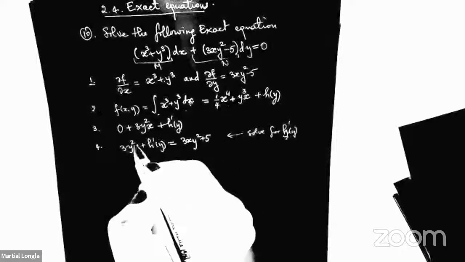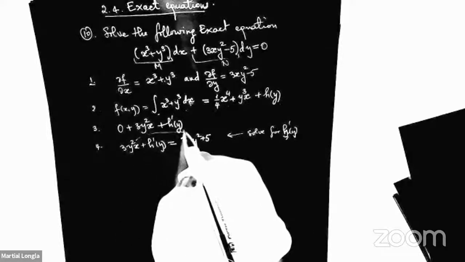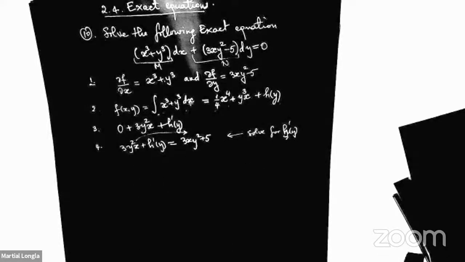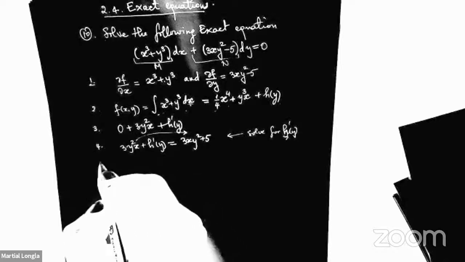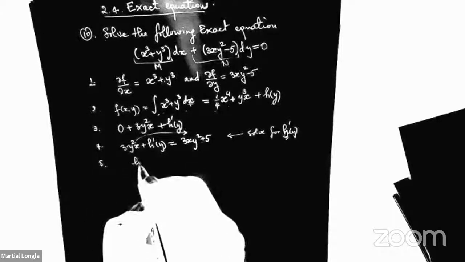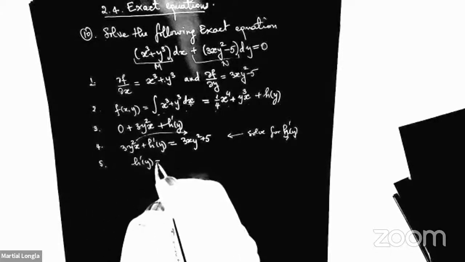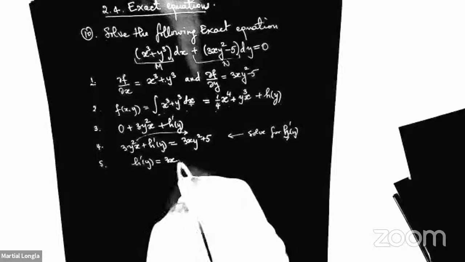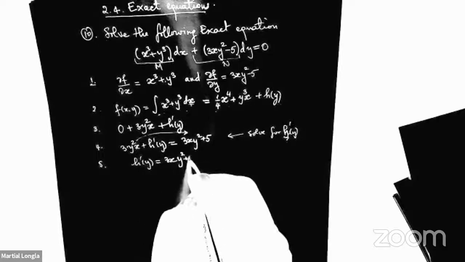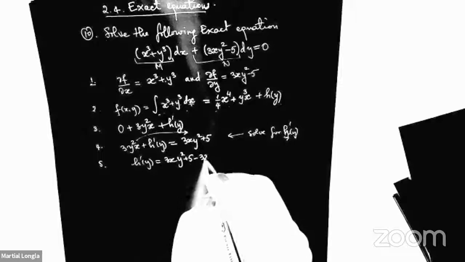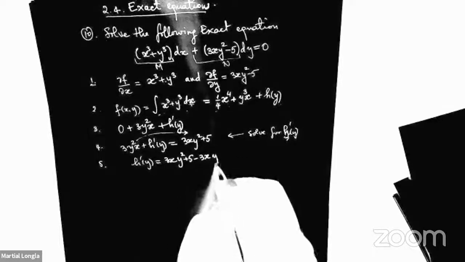That's technically done by sending everything else to the right-hand side. So you get h prime of y equals 3xy squared plus 5 minus 3xy squared.